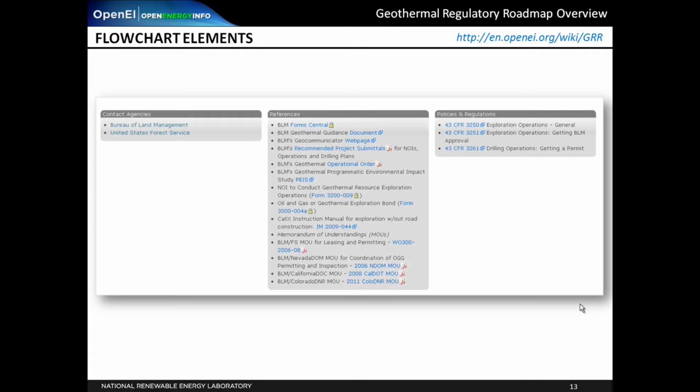In the middle, a list of references including permitting forms, memorandums of understanding, agency instruction memorandums, permitting guides such as the California Energy Commission's Guide to Geothermal Permitting, and other additional references. In the final column, a list of regulations, laws, and policies is provided for additional information.